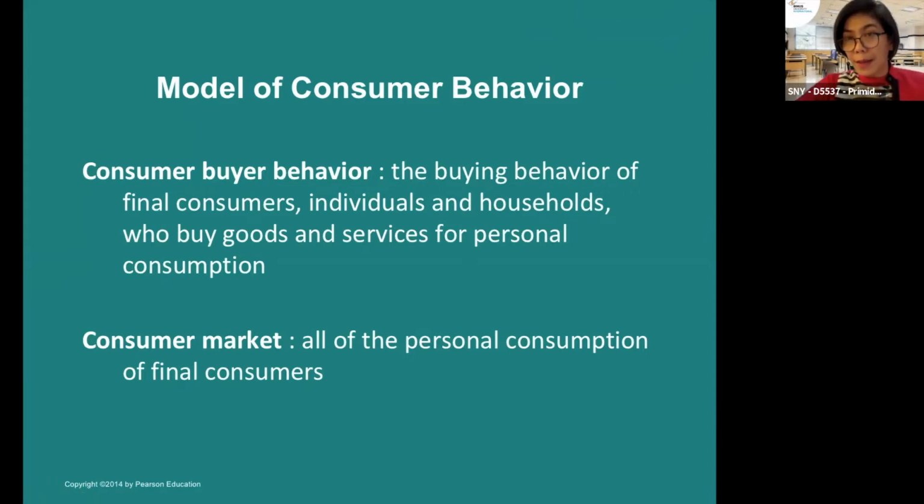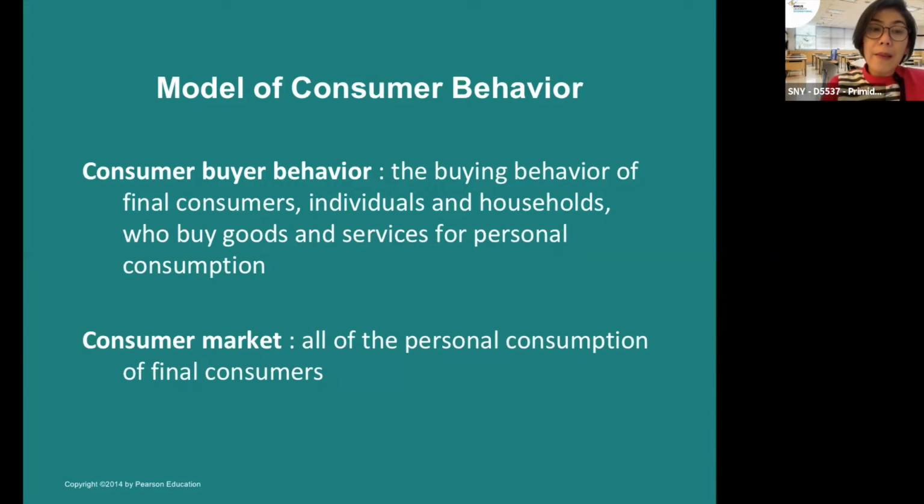So the consumer market is comprised of all consumers who purchase products for their own personal consumption. So when a person purchases a bottle of shampoo, that person uses that shampoo for her or his personal consumption.